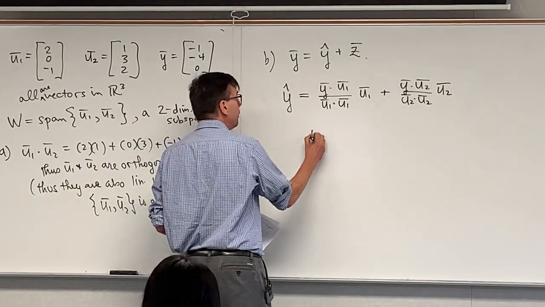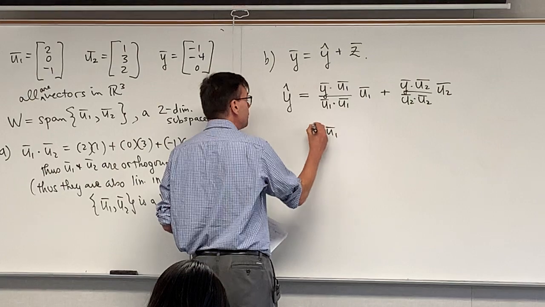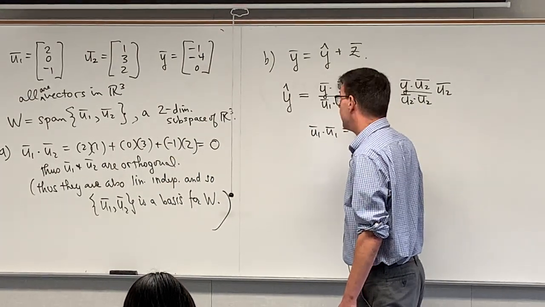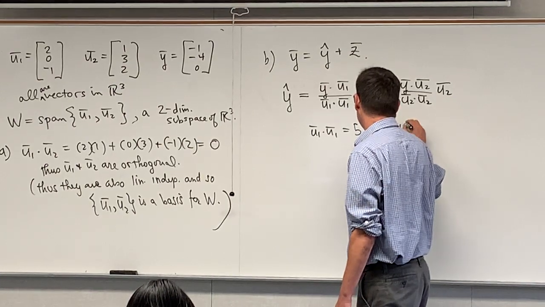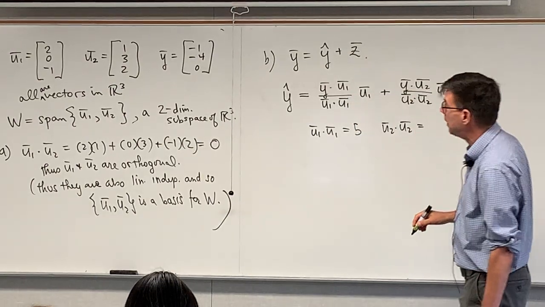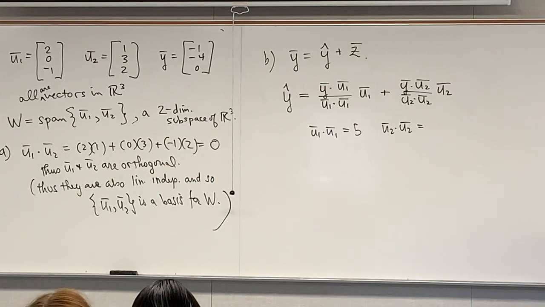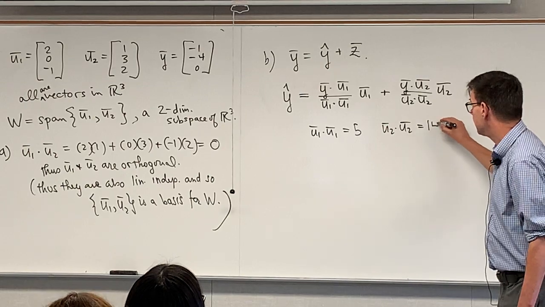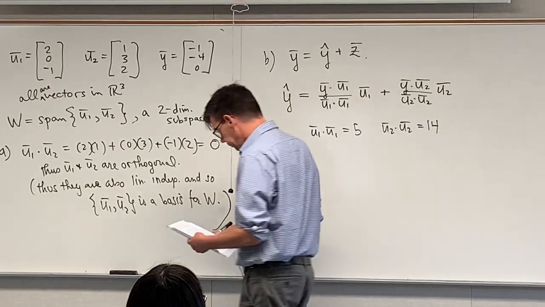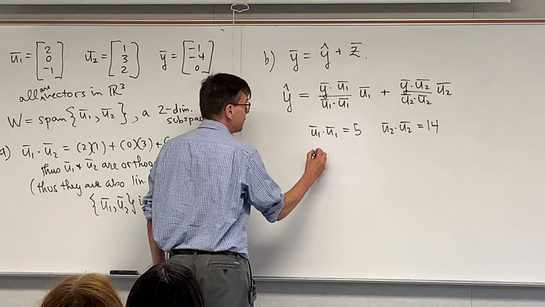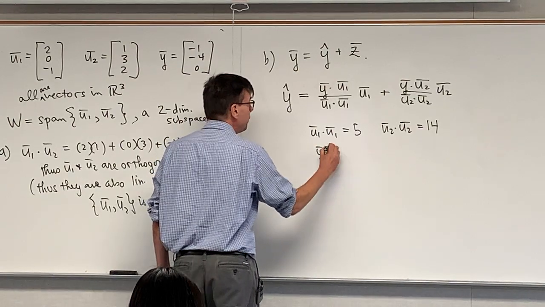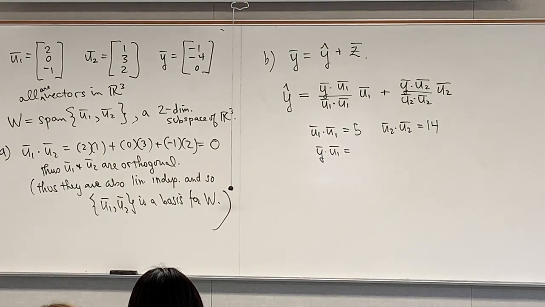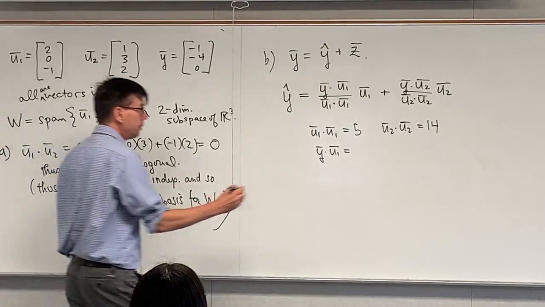And so what do we get? I'm just going to do some calculations here. u1 dot u1 is going to be 5. u2 dotted with u2, without writing out the details, is 1 plus 9 plus 4, which is 14. We also need y dotted with u1. So y dotted with u1 is going to be just negative 2.